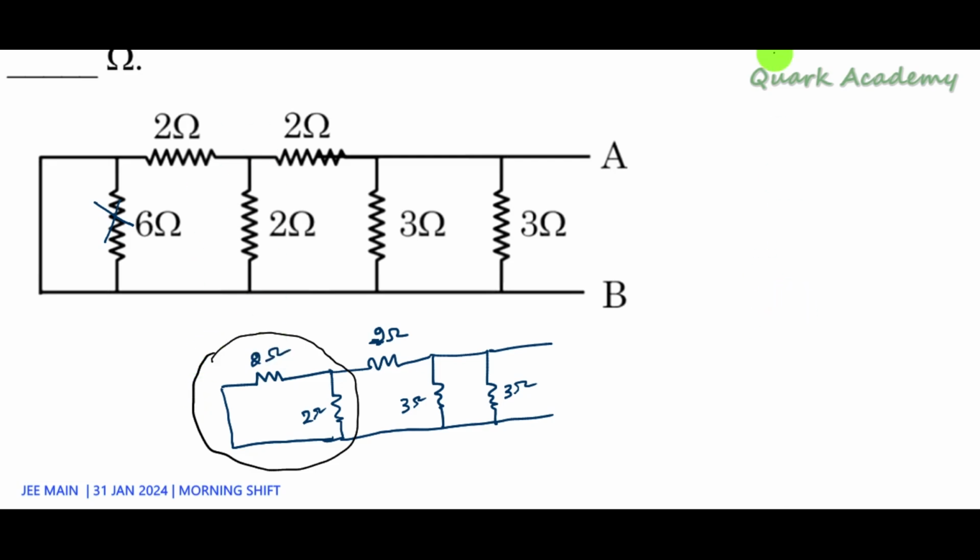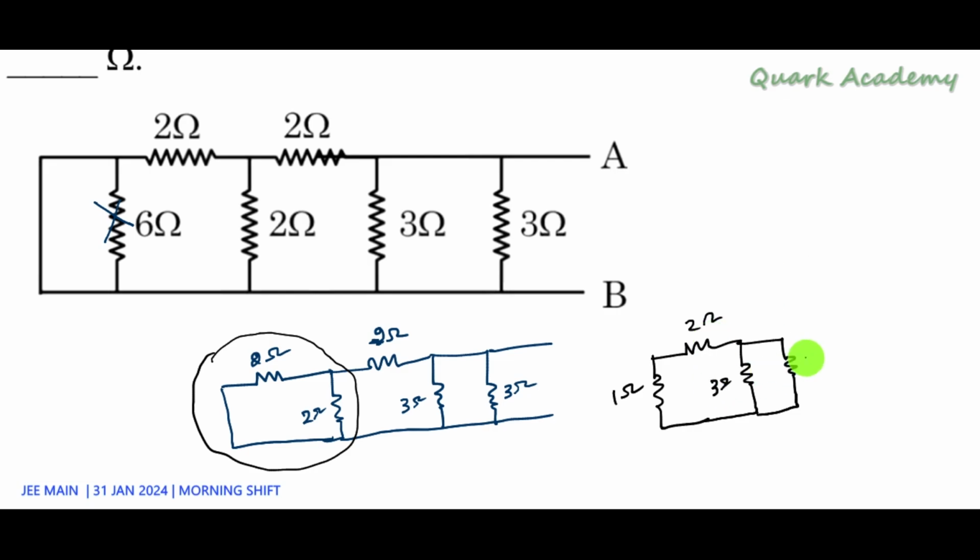Let me do that. So this is 1 ohm, which is the effective resistance of these two 2 ohm resistors. Then here we have 2 ohm. We have 3 ohm here.